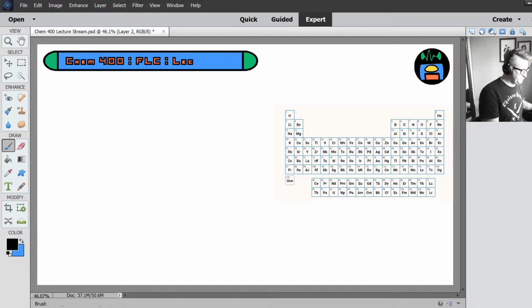There are some anomalies that we have to talk about on the periodic table. All right. So let's start by talking about electron configurations for ions.